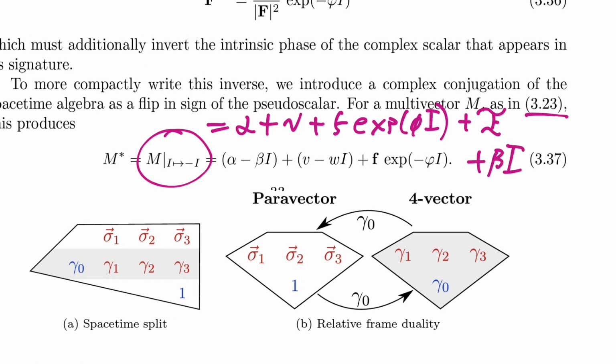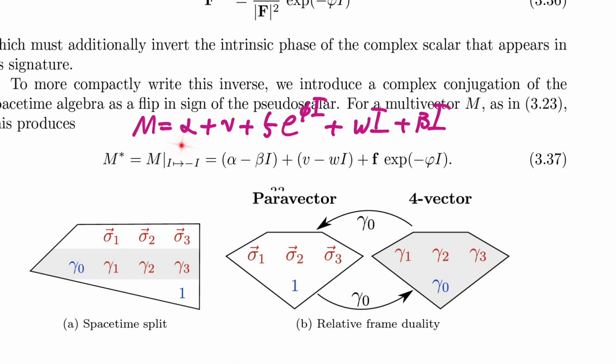That was what M equals. Let me write that a little cleaner. So you have the scalar part, the pseudoscalar part, the vector part, the dual of a vector, which is the trivector part, and then this bivector part we're writing in canonical form. If we take its complex conjugate, we're switching the signs of all of the i's we see. So in the canonical form the phase changes, but F is left alone, which is really important. F is left alone, but the phase of its canonical form changes.